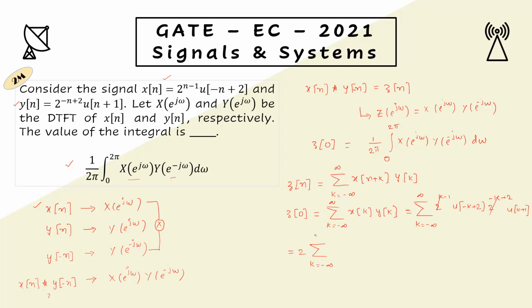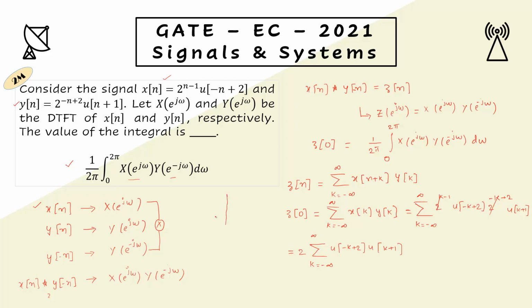k equal to minus infinity to infinity u of minus k plus 2 multiplied with u of k plus 1. So let us try to plot these signals one by one. What is u of minus k plus 2? That is a unit step function. First shift to the left by 2 units and then do the time reversal.